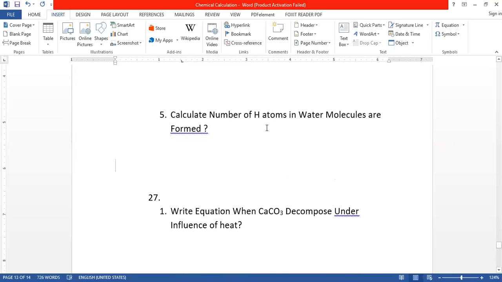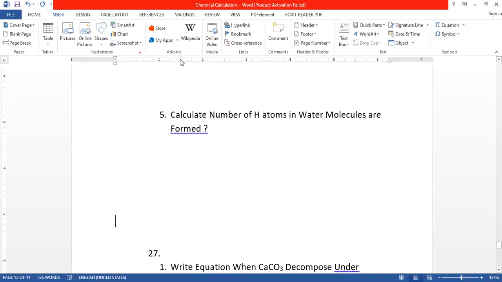Calculate the number of hydrogen atoms in the water molecules. Number of hydrogen atoms. Look now. From water molecules, how many moles are produced? n of H2O is how much? 2. Right. What have they asked? The number of hydrogen atoms in the water molecules. From H2O, we studied all this.